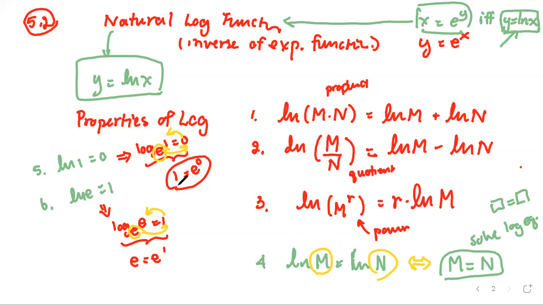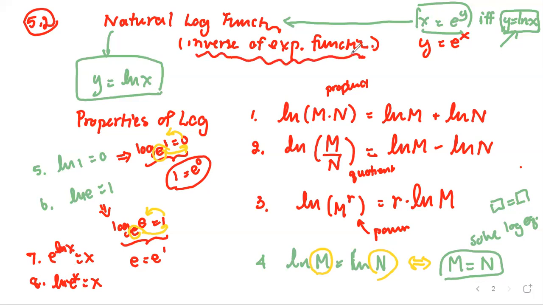And the other group, 7 and 8, are in the same category or the same concept. e to the natural log x equals x, and the log of e to the x is x. These two are compositions of the function and its inverse. The inverse of the exponential is the log function.